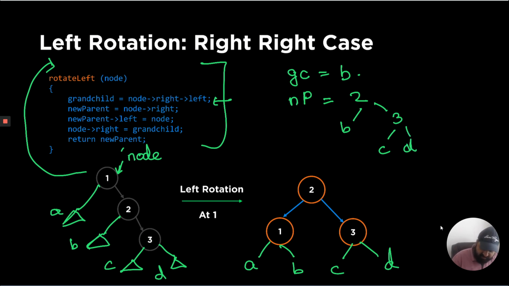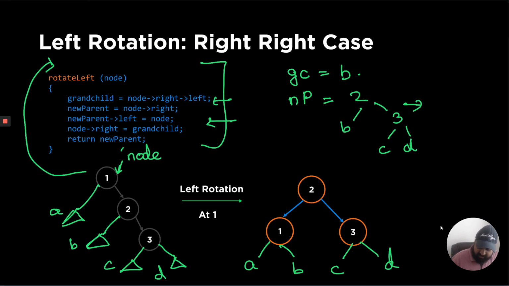Next, in the next statement, we have something like new parent's left is equal to node, which is new parent's left, which is in this case this B, we are going to change that to point to the node element, which is node is still pointing to our tree.